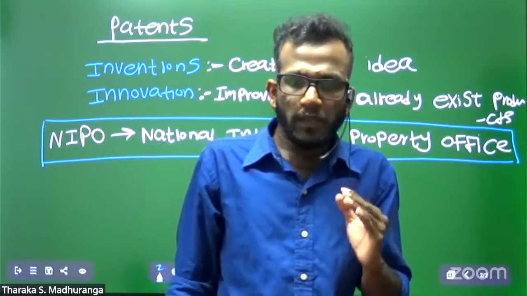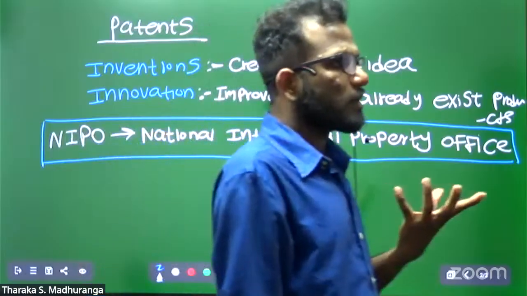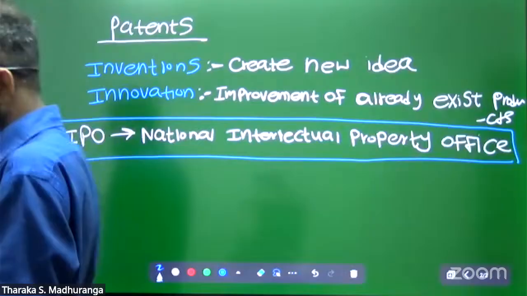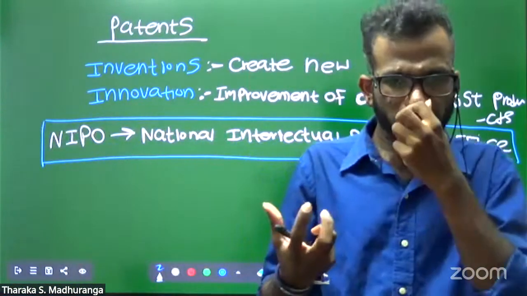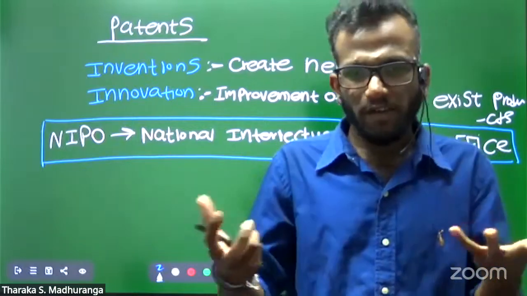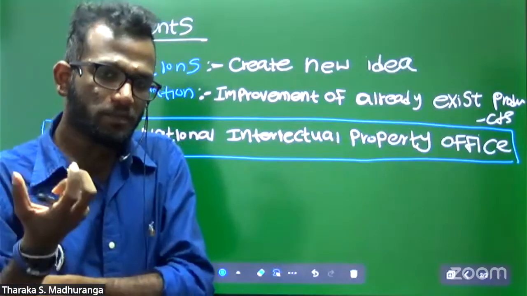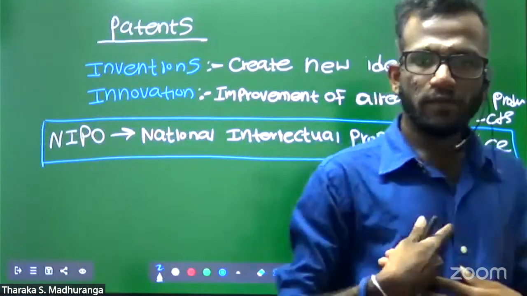Okay, now think I have a new innovation, like a new ice cream version. Whatever new fruit, with a new fruit I produce a new ice cream or whatever new product. Then what do I need to do?